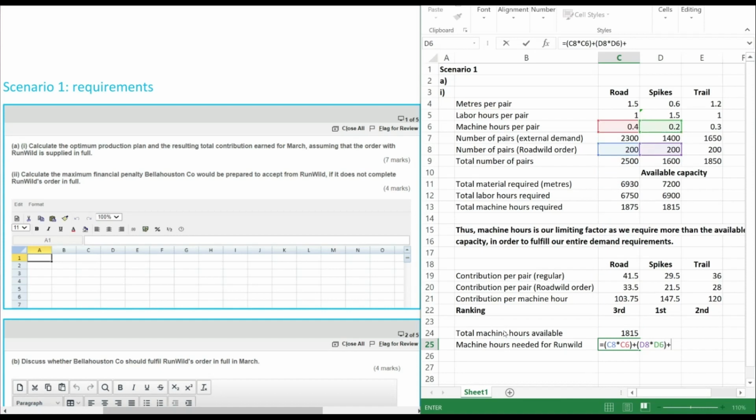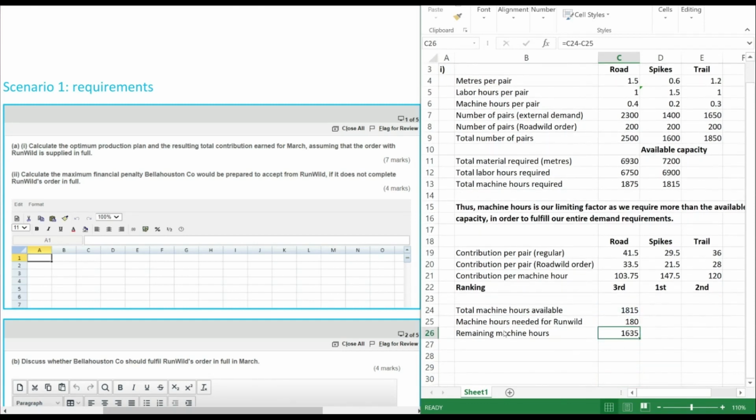It's up to you if you want to do it that way or put these amounts in individually. The reason I'm putting them individually is because the formula is then easier to follow. Otherwise the marker might get temporarily confused as to why we just picked 200 once and the machine hours per pair multiple times. So the remaining machine hours will be 1,815 minus 180. So 1,635 machine hours will be left after fulfilling our order for Run Wild.